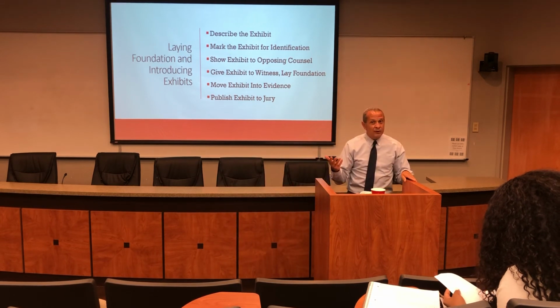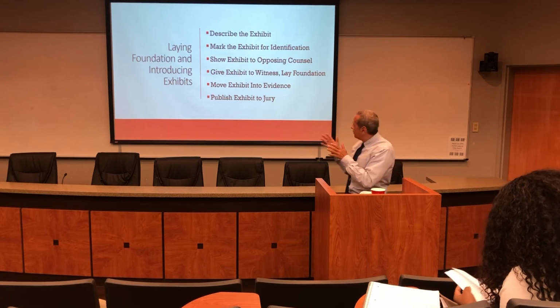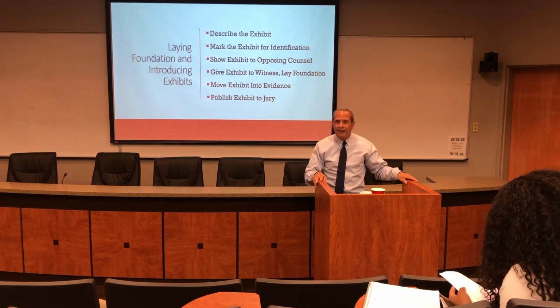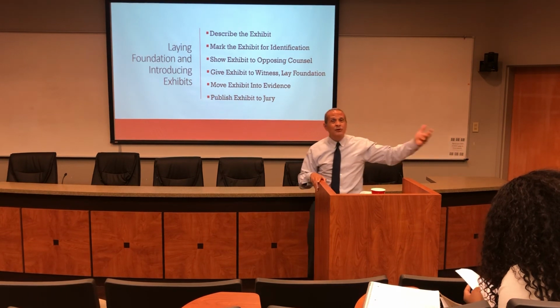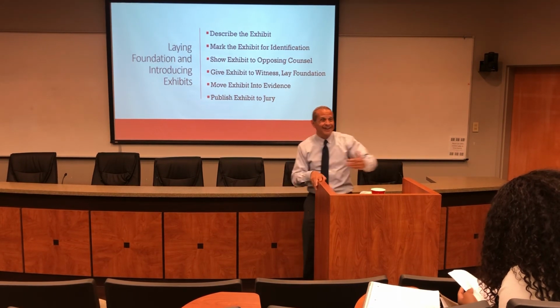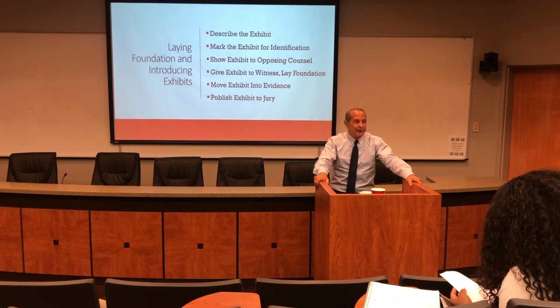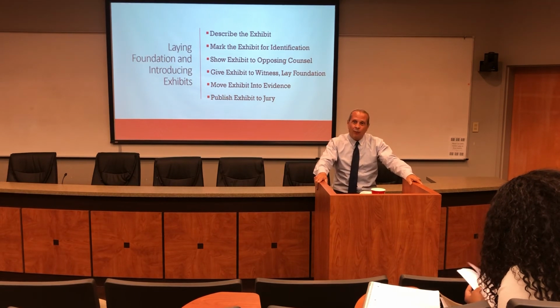First few times you do it though, you're gonna overthink it and you're gonna feel, okay, where am I? I'm in the third step or the fourth step, or what am I doing? And at the end of it all, you might forget to show it to the jury. Because you may be so exhausted mentally and so thankful that you got through the process that you forget why you went through the process, which is to publish it to the jury.